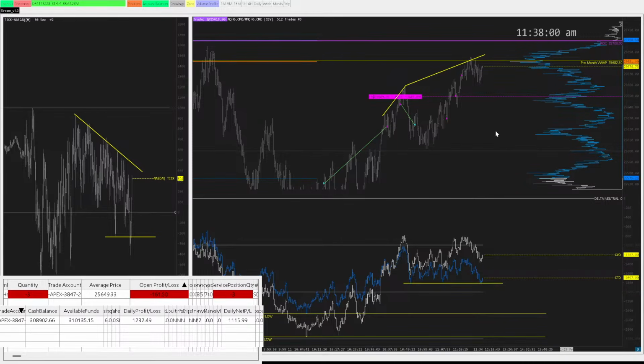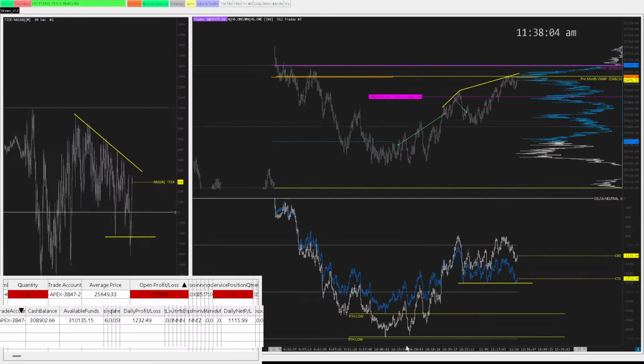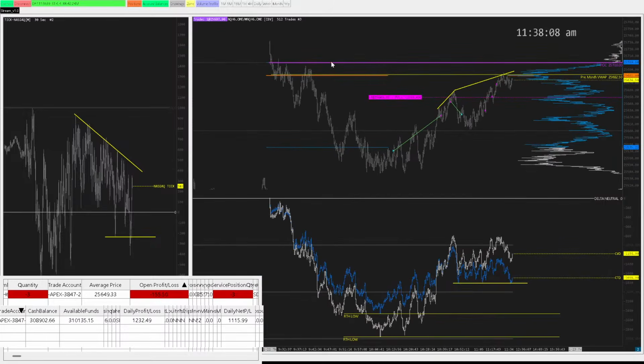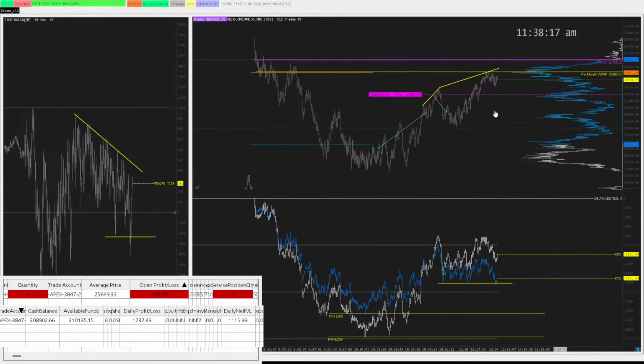Taking some profits. You'll have a lot of days like this in the NQ where we open, we sell off, and then we return right back to where we started. And basically it ends up being just a wash.